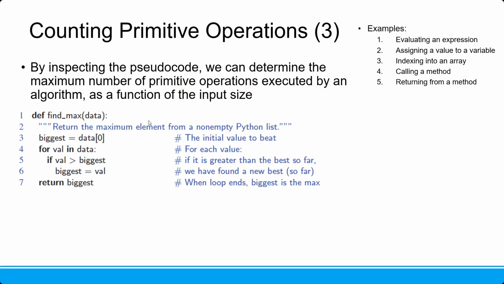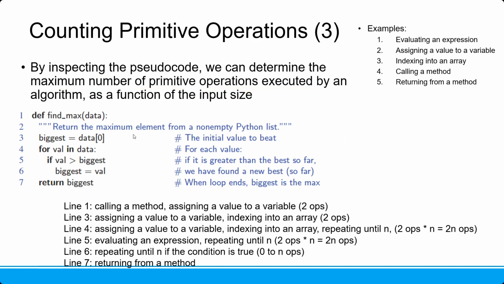So we will do one by one. We know that line 1 is calling a method. Actually this can be different for every one of us, because we may have some different ideas. Okay, this is one operation because we define the maximum function, and then this is another operation because we put the data.